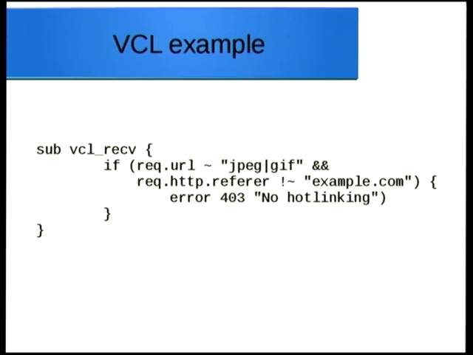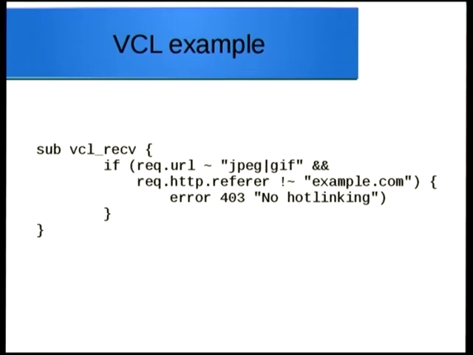So, a small example of VCL. This was one of the first examples posted to the wiki, where somebody used Varnish very early on to prevent hot linking. They didn't want people linking to their images.